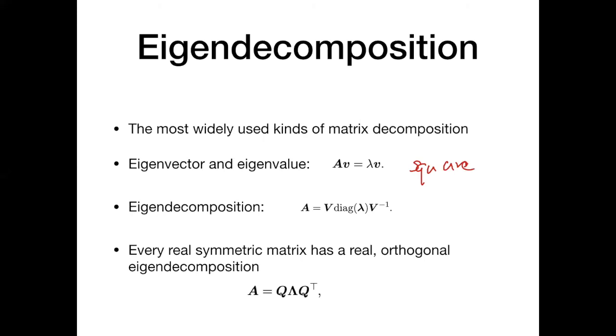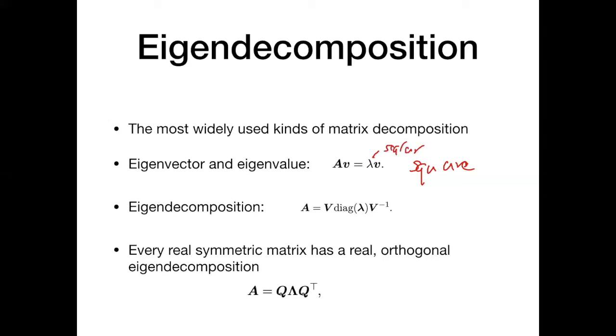An eigenvector of a square matrix A is a non-zero vector v such that multiplication of A and v alters only the scale of v. Here lambda is a scalar.